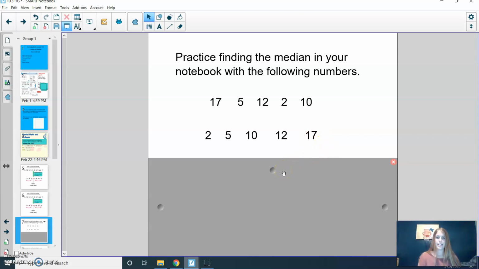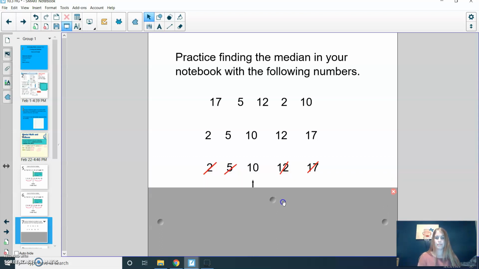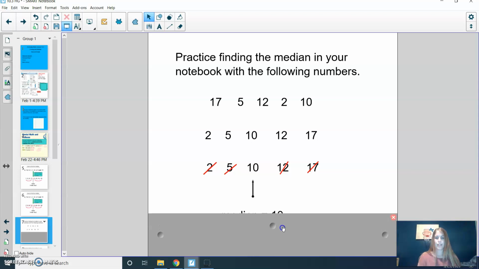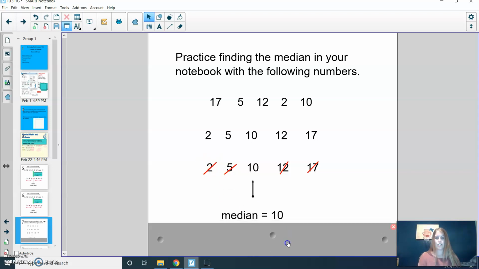Now we're ready to cross off the numbers until we find the median. You should have crossed off 2, then 17, 5, then 12, to get your median, your middle number of 10.